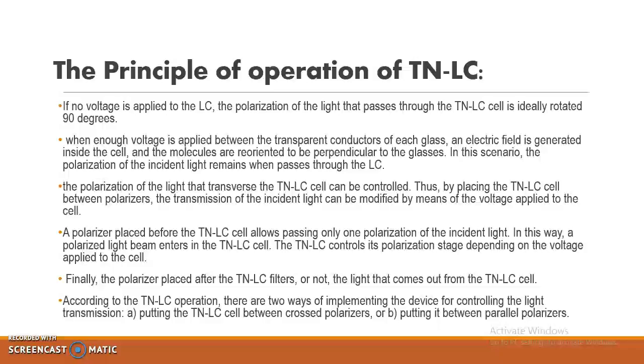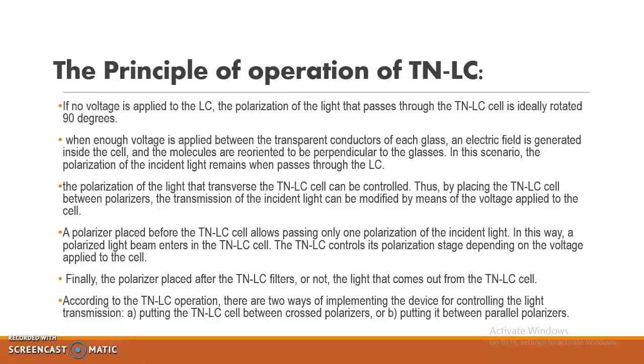According to the TNLC operation, there are two ways of implementing the device for controlling the light transmission. The first one is putting the TNLC cell between crossed polarizers, or putting it between parallel polarizers. In the first case, the light passes through the device when there is no voltage applied to the TNLC cell, while light is stopped when enough voltage is applied to the liquid crystal cell.